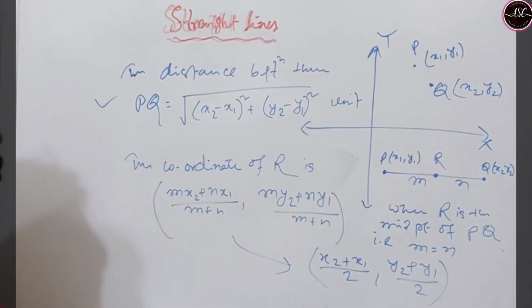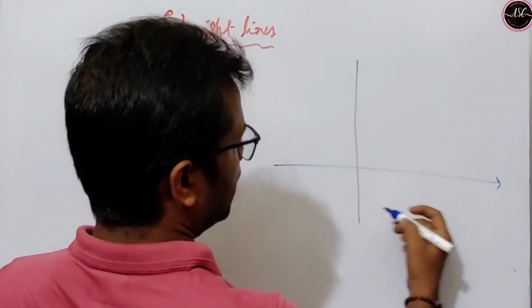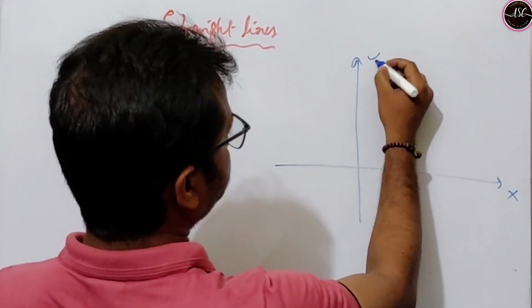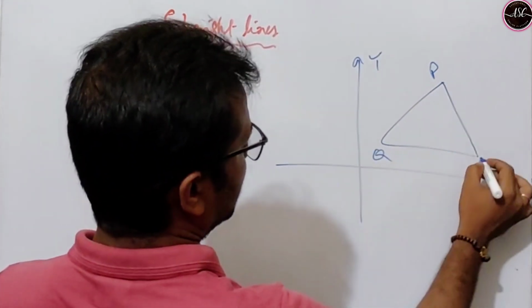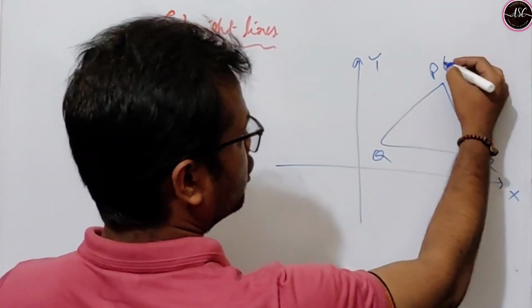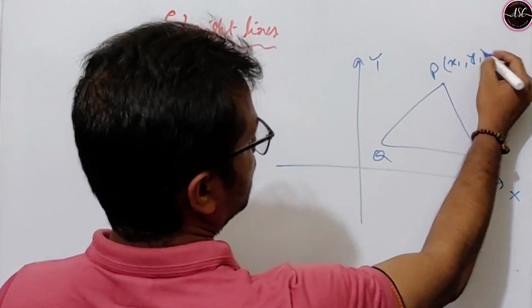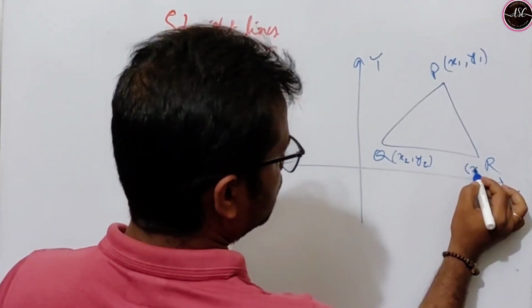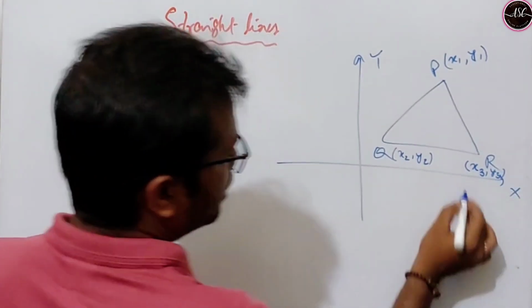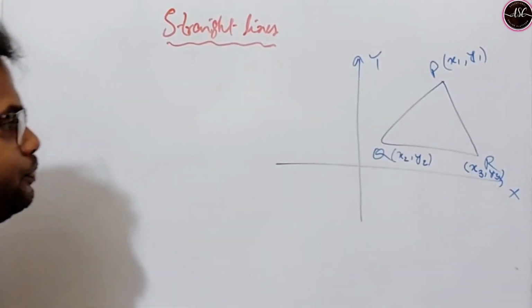Okay, now let in the coordinate plane there is a triangle. Here PQR is a triangle. The coordinate of P is x1 y1, Q is x2 y2 and R equal to x3 y3. Then what will be the area of the triangle?